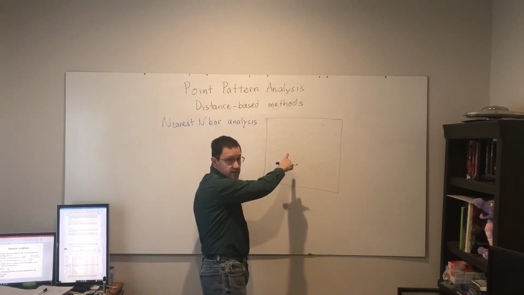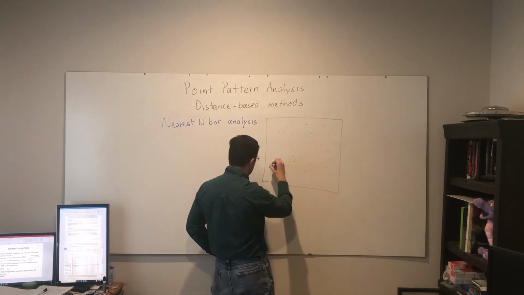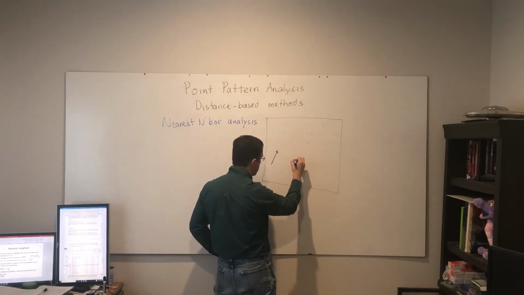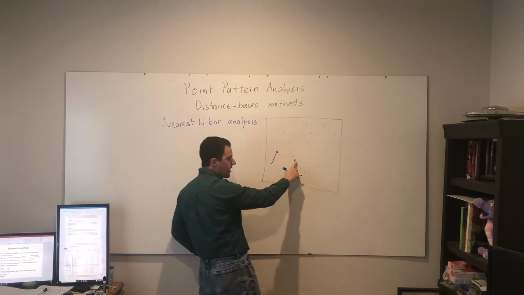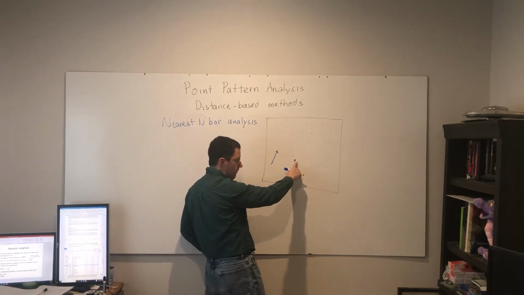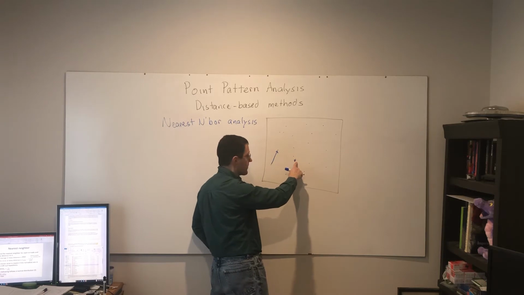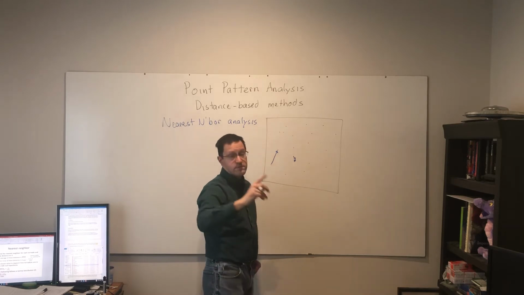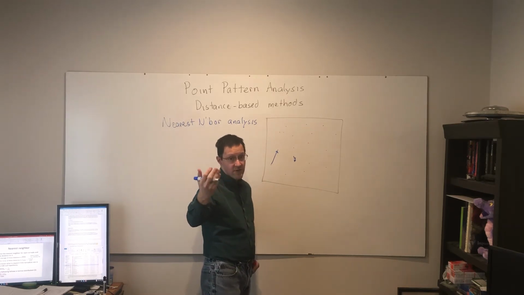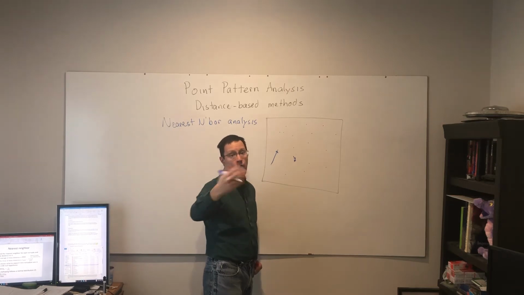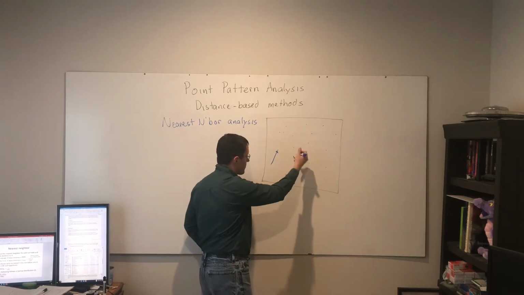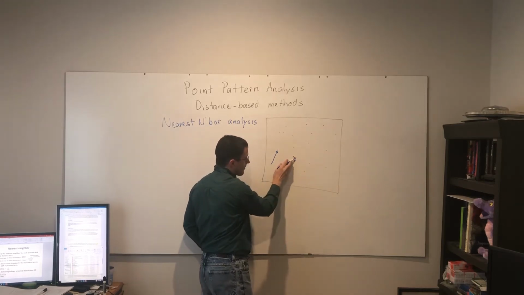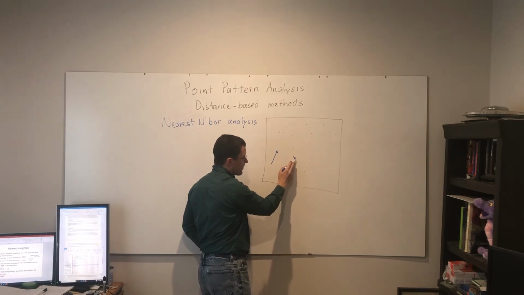So for every single point here, I say, how far is it to its nearest neighbor? Sometimes, if those points are really close to each other, they will be each other's nearest neighbor. That is not guaranteed, the same way the idea of k nearest neighbors as the weights matrix for spatial autocorrelation wasn't symmetric. So sometimes this point here, its nearest neighbor is here. But these two points are the nearest neighbor to each other.